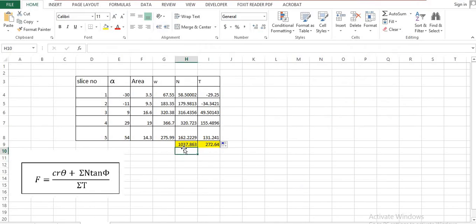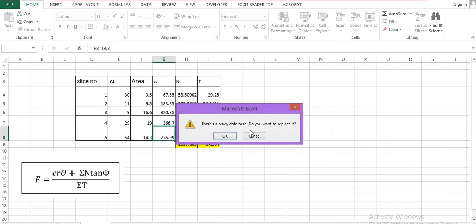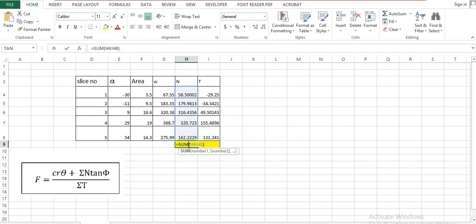We have to take them separately. So we have to find the sum only for this portion up to H7, only the first four slices.